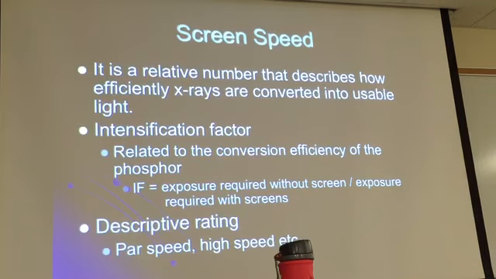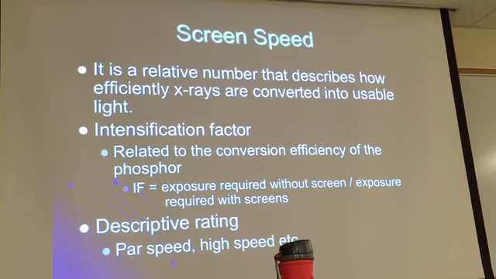Now you go back and repeat the exposure, but using your ion chamber. Same numbers, and you only end up getting, say, 22 milliroentgen. Now this number is divided by this number.